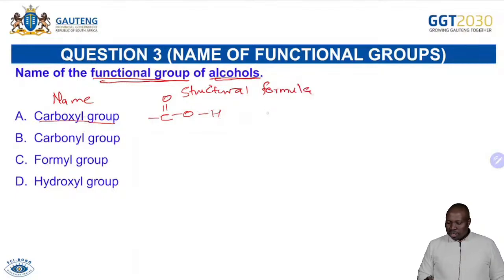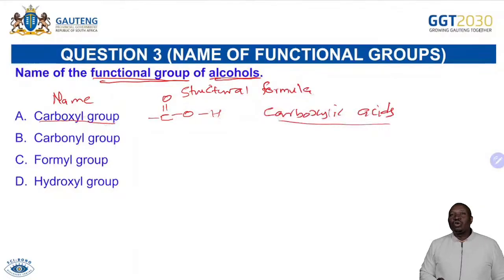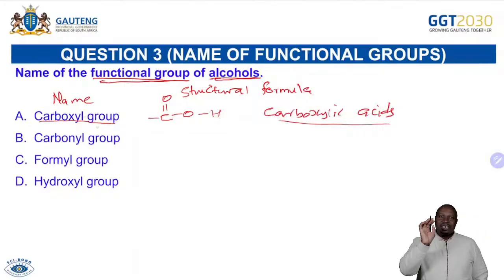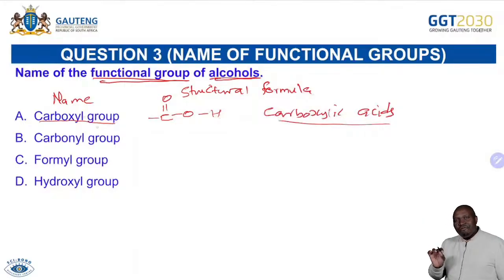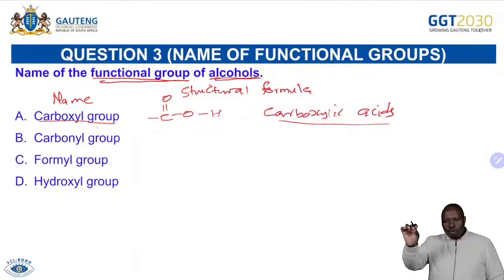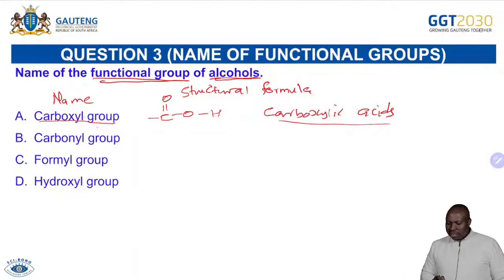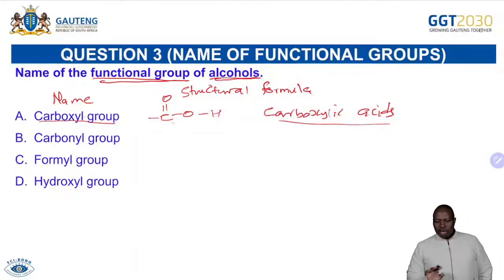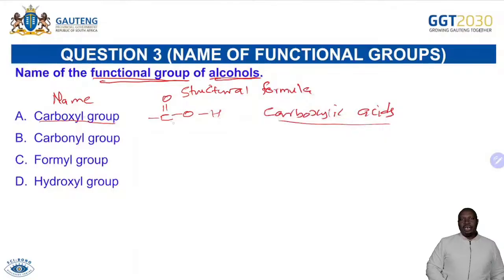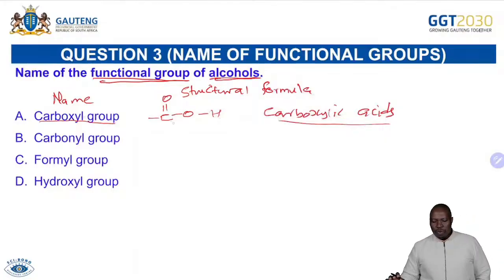We know this carboxyl group is for carboxylic acids. Carboxylic acids have carboxyl group as the name of their functional group, and the structural formula of the functional group for carboxylic acids is written like that. So you see, the question can come in any of those 3 ways, and you are able to answer with no problem.